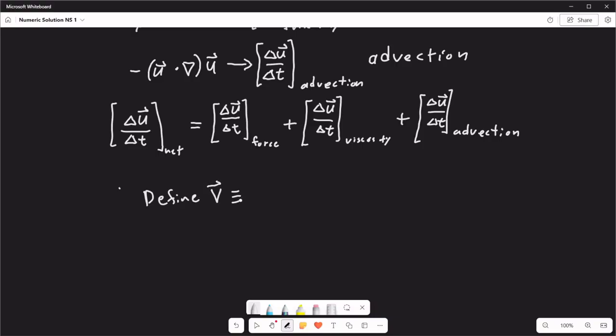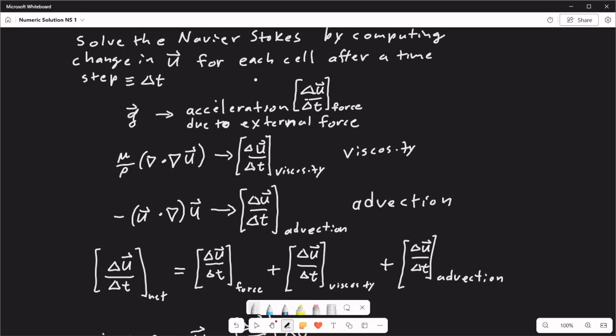This is going to be defined as the net change in the velocity field, basically per time step, due to all of these terms. So basically what the equation is saying, at each step in time, the equation is predicting that there will be changes in this velocity field due to each of these terms.